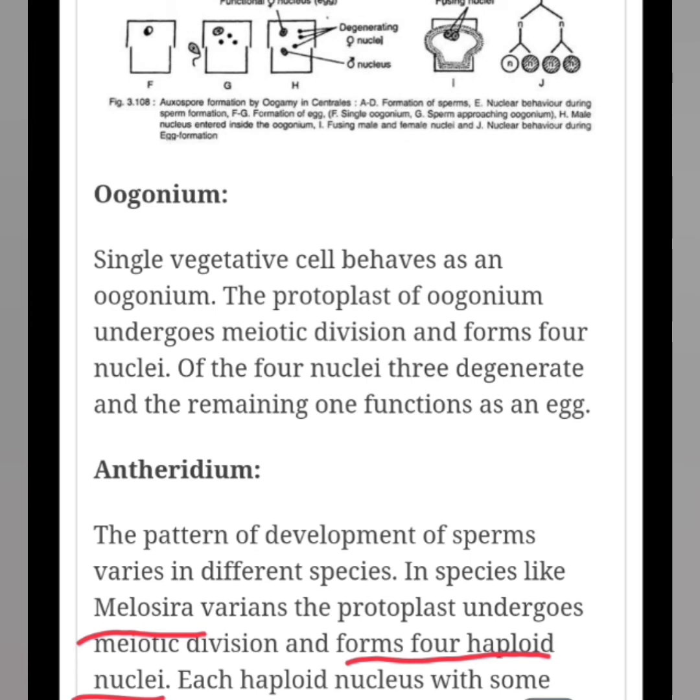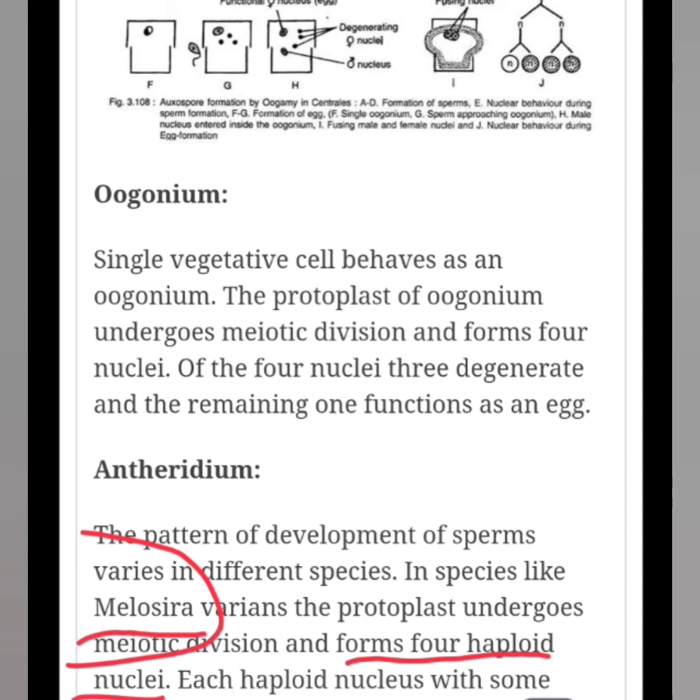This is referred to as tinsel type. Just remember tinsel type, that means those which have only a single flagellum. In other species of diatoms, sometimes the number of sperms may go from 8 to even 128 in number.